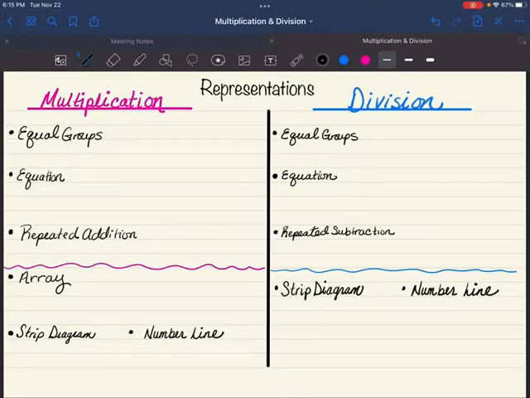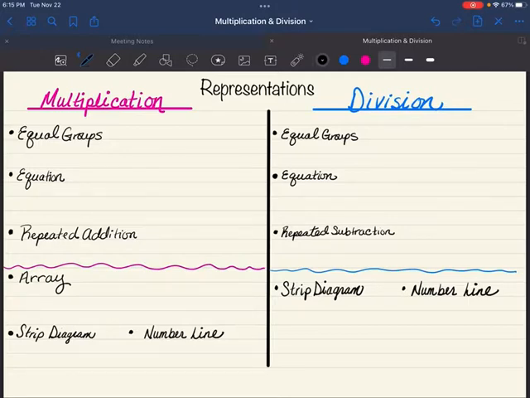Okay, in this video, I want to talk about representations for multiplication and division. In the previous video, we talked about how to decide whether or not a story problem wanted us to multiply or divide.